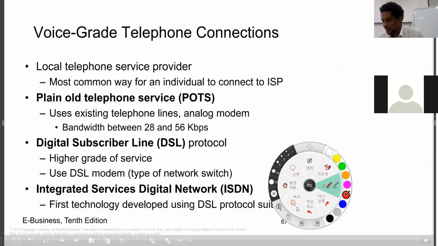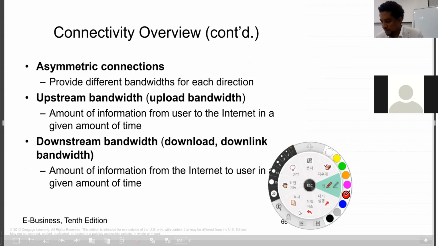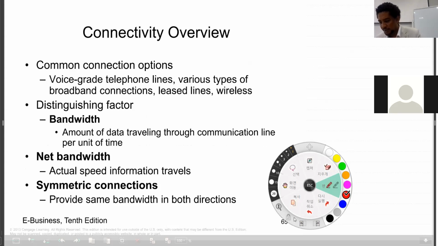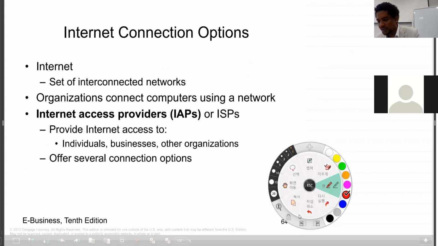The other thing I want you to read here is, after the HTML, the internet connection options. Here there are different varieties of how we can connect to the internet. A long time ago we connected through our telephone lines. That is called a dial-up connection, right?